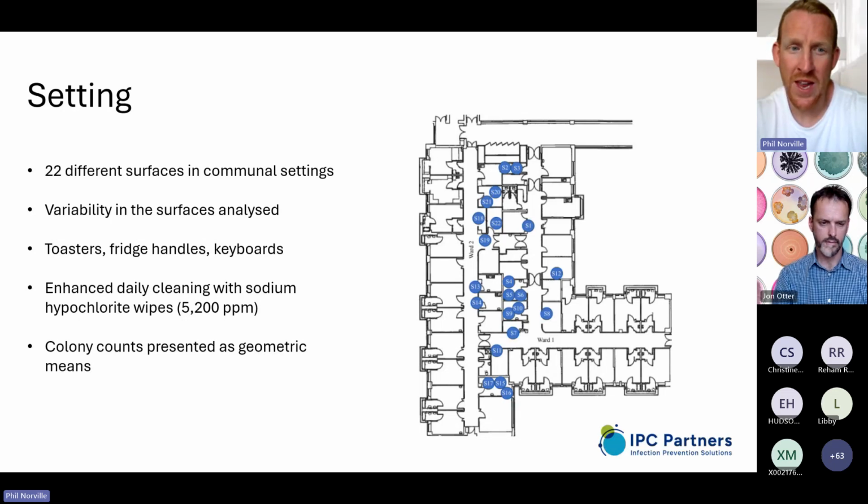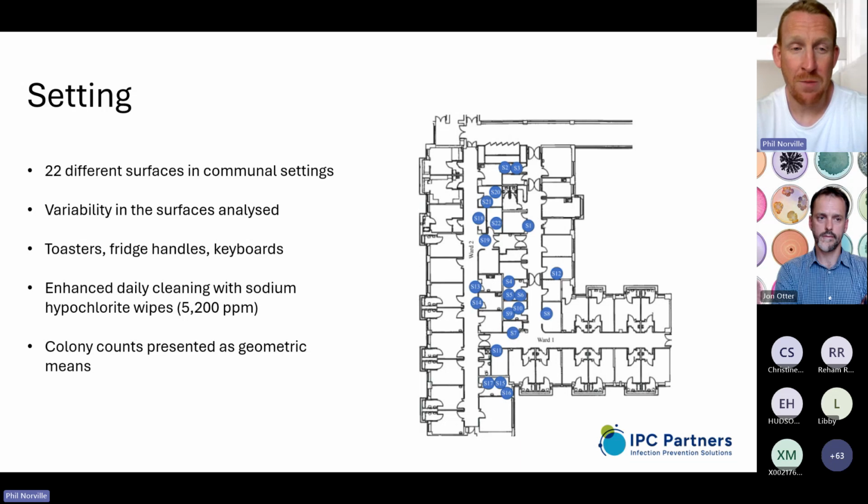But I think this is one of the key things, is they were already doing enhanced environmental decontamination with 5,200 parts per million chlorine in a pre-impregnated wipe. So they were already doing something different. And what does that mean for environmental decontamination? You would hope, if you're doing enhanced cleaning, that it's going to reduce the bioburden.